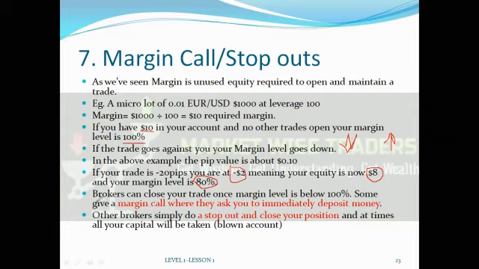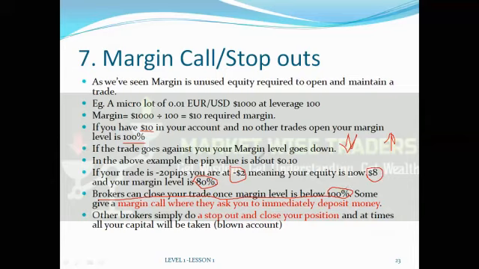Now, if you didn't know, brokers can close your trade once your margin level is below 100%. They're allowed to do that. So it means that if you have 10 bucks and you place this trade, it means even if they're allowed to close it once it goes below 100%.